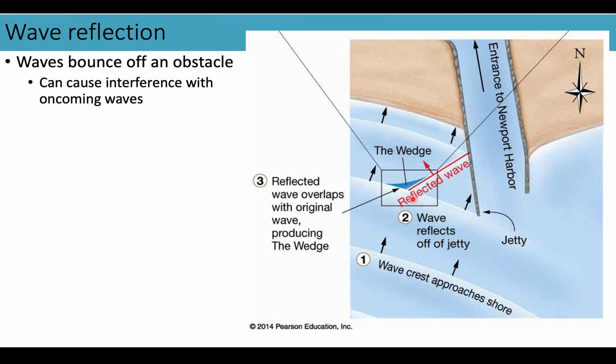The waves are reflected off of the jetty that keeps the entrance to the harbor open, which can create absolutely massive waves here at what we call the wedge, the surf spot, because the waves will interfere. This becomes interference, like we talked about, where the waves add together, creating even larger waves.